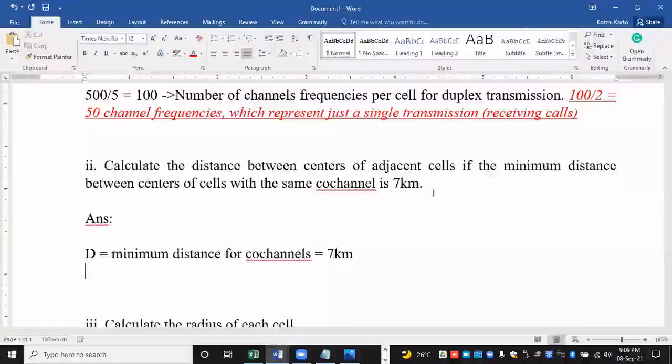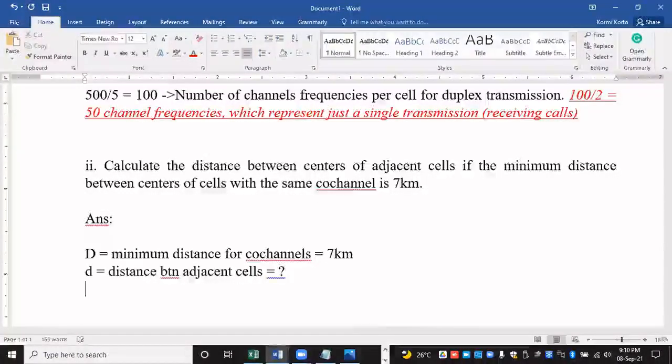Small d is your distance between adjacent cells, which is what you don't know. That's the question they're asking you.